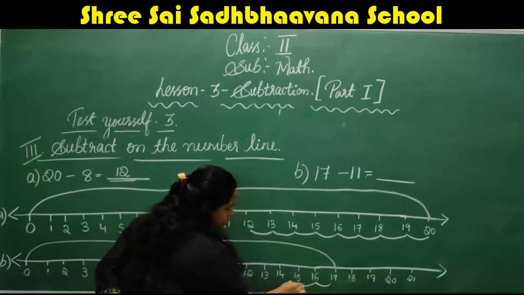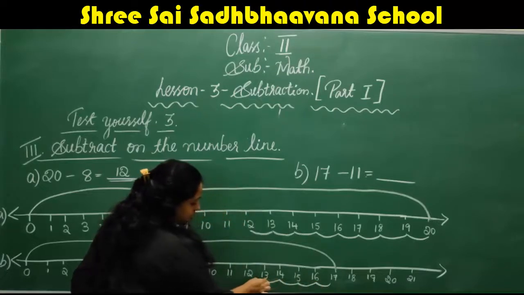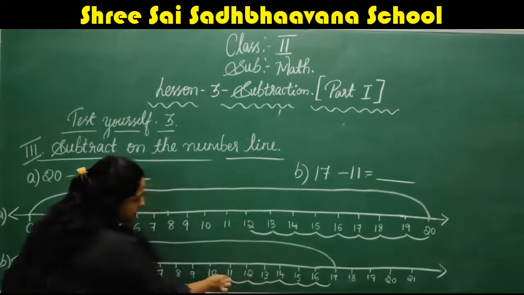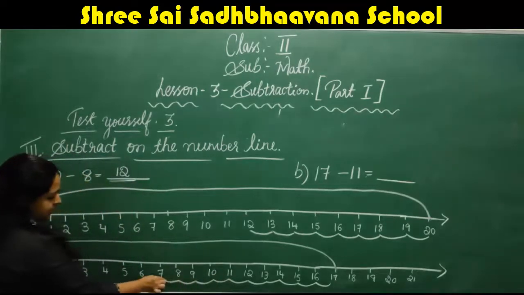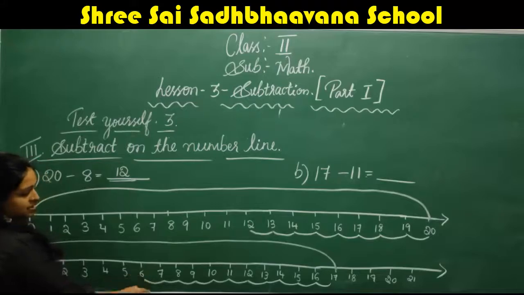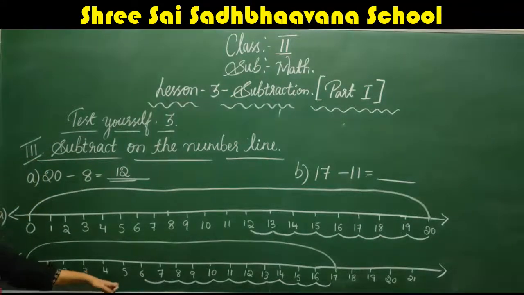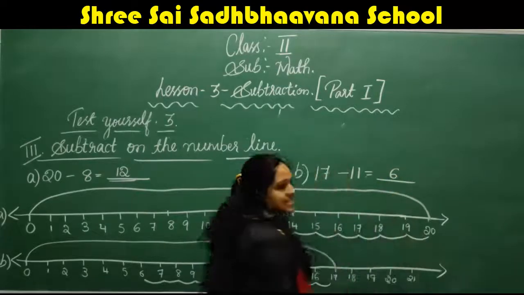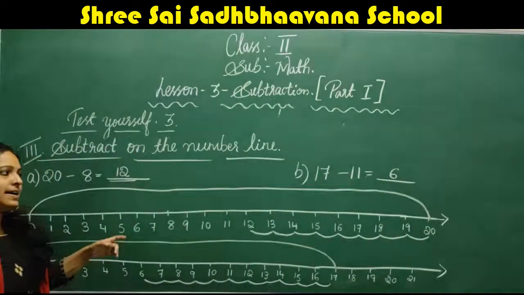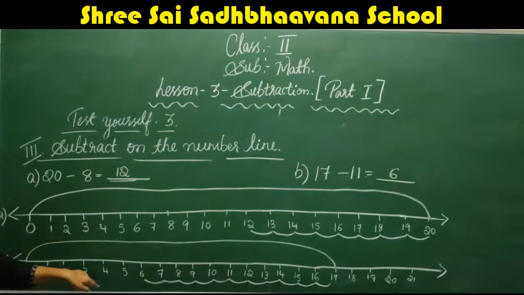So 1, 2, 3, 4, 5, 6, 7, 8, 9, 10, 11. So what is the answer? You got 6 as the answer. 17 minus 11 is equal to 6.